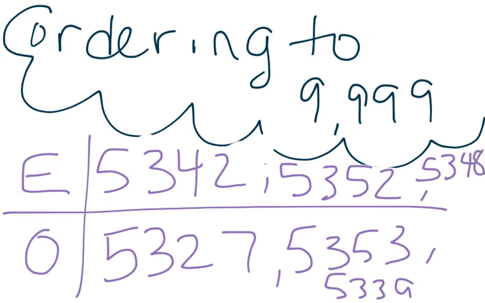Alright. Now we have to figure out if we put them in order from least to greatest. So, on the even side, let's start with the evens. We have 5,342, 5,352, and 5,348. So, the first thing I am going to do is erase this because I need some room to work up here.